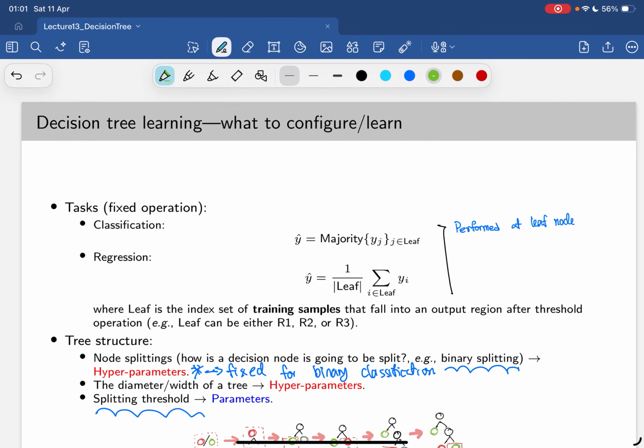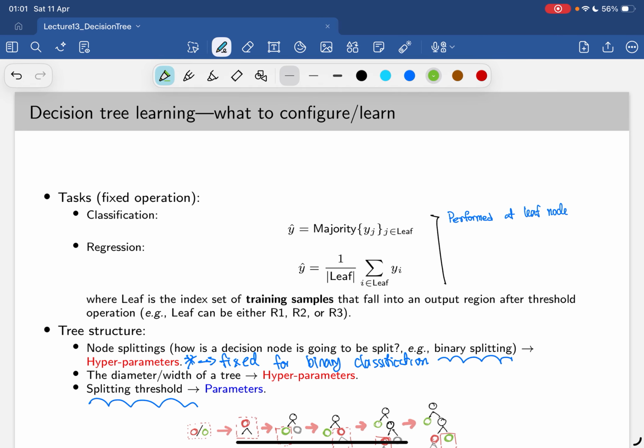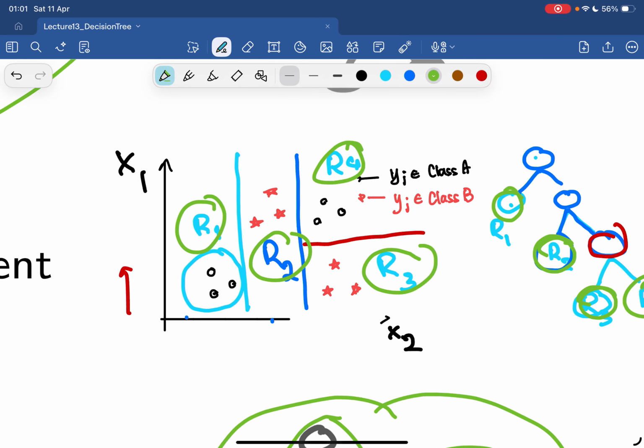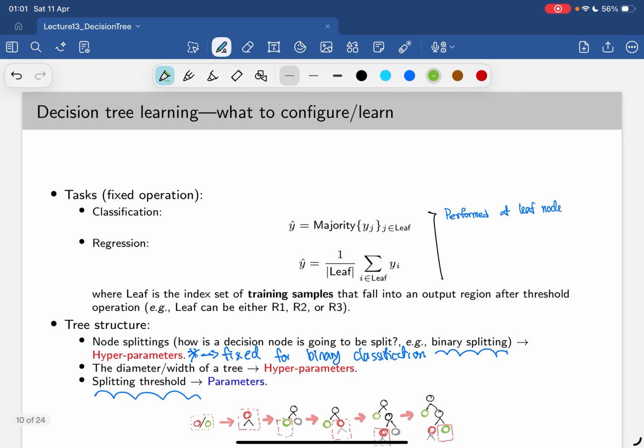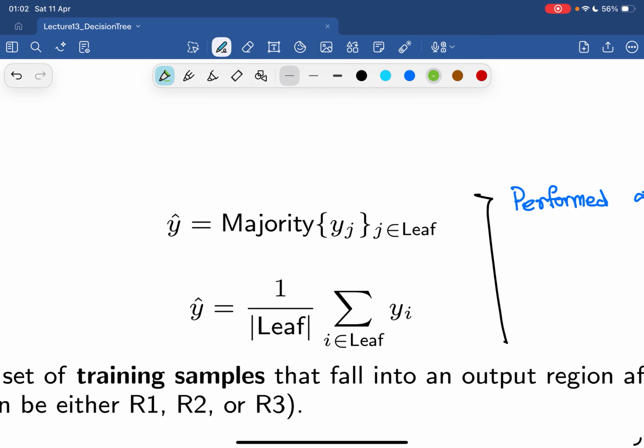When we want to assign the value to the leaf, like that one belongs to one class or the other class, we say that for all the points in the leaf, if the majority belong to one class, then we will use that majority as the representation for that leaf.